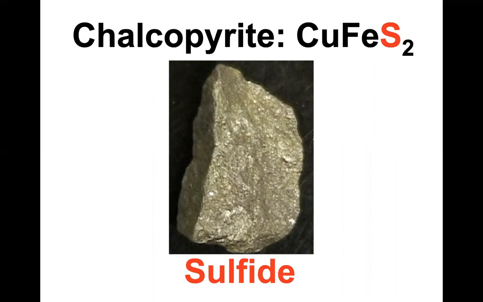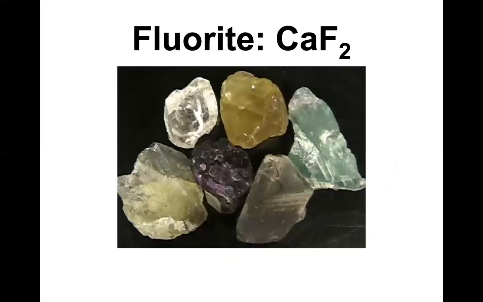Good. The next one is fluorite. So we have calcium and fluorine. Calcium's a metal. And then we have fluorine, which is in that halogen group.